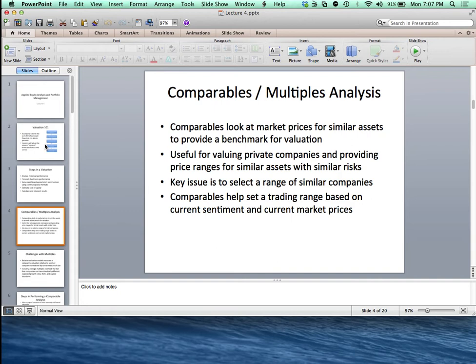So I want you to think about a price to earnings ratio or an enterprise value to EBITDA ratio in the same manner. Okay? So what we do is we look at similar companies instead of similar houses. We look at what they're trading at, and then we make adjustments based on factors that affect the multiple.